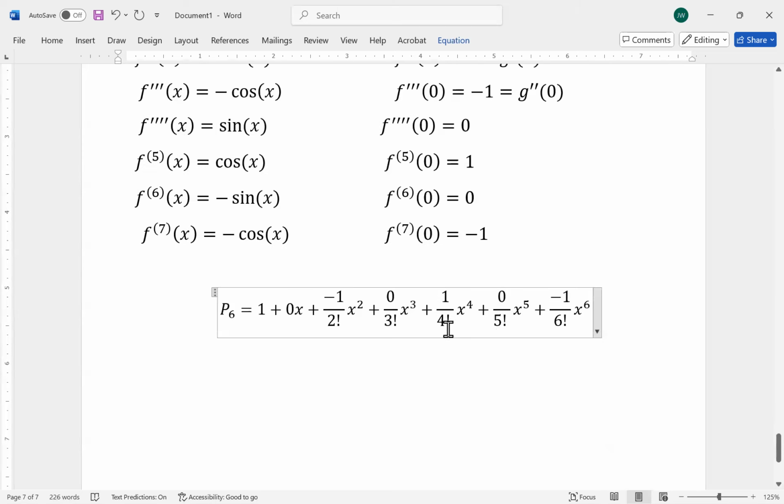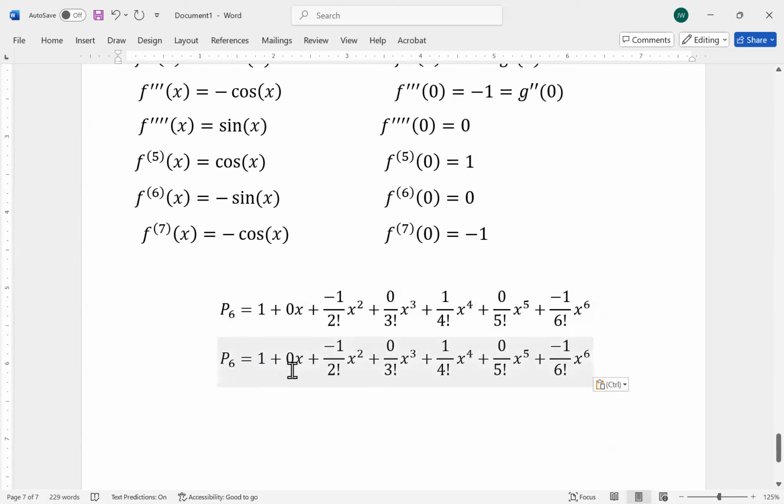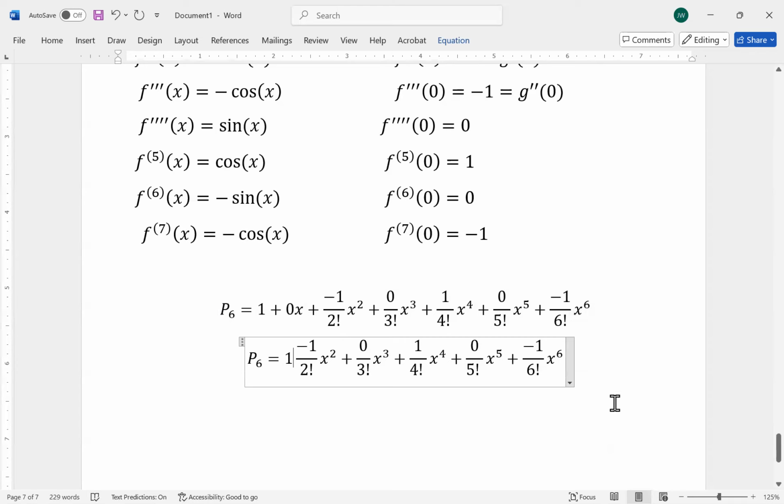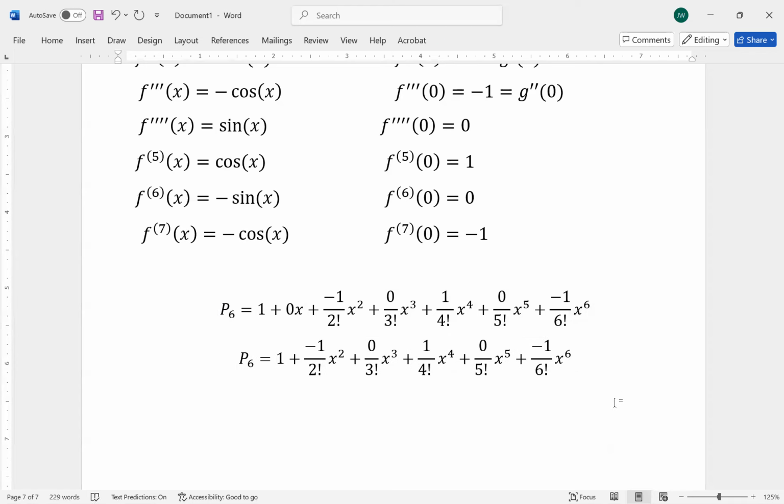And again, when I simplify that, it's pretty easy to simplify because the numerators are all ones, -1s, or zeros. Cancel out the terms with the zeros as the coefficients, and then I will rewrite my denominators without the factorial piece.